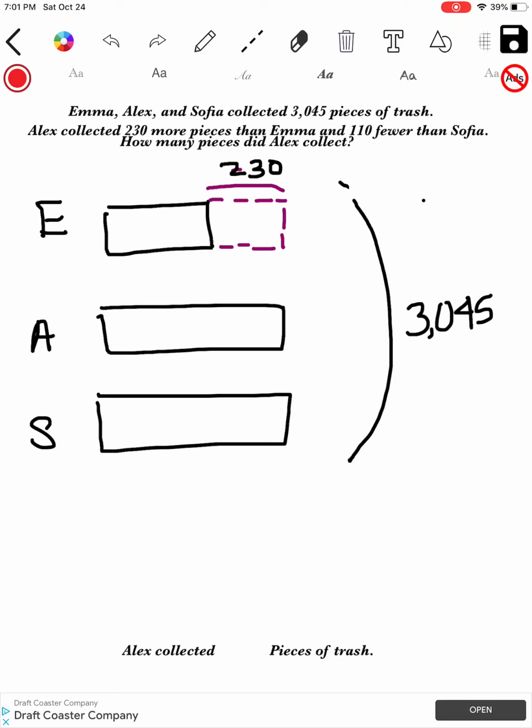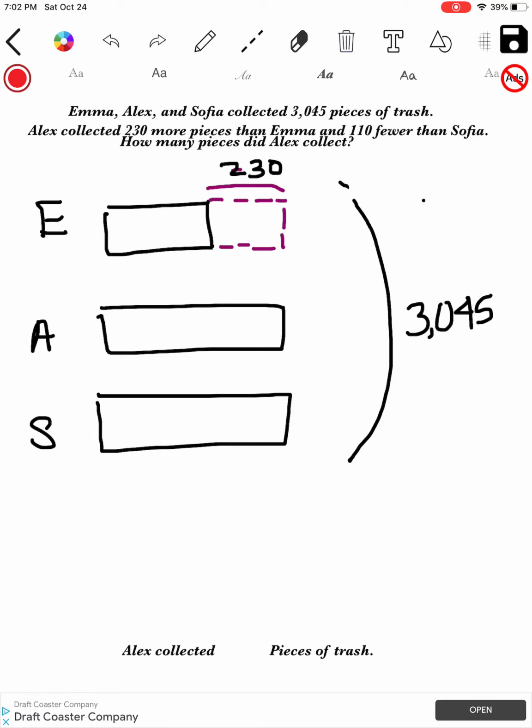Alex collected 230 more pieces than Emma, which we adjusted Emma's bar to show that. We didn't adjust Alex's because we're going to continue comparing to it. And 110 fewer than Sophia. So we know that Alex's bar is going to be shorter than Sophia's. We know that because it said that he collected less than Sophia did.